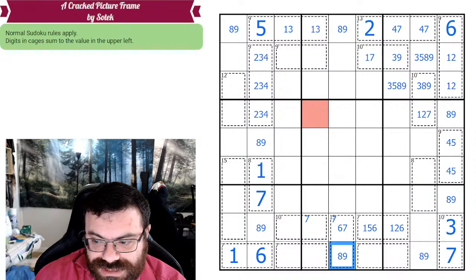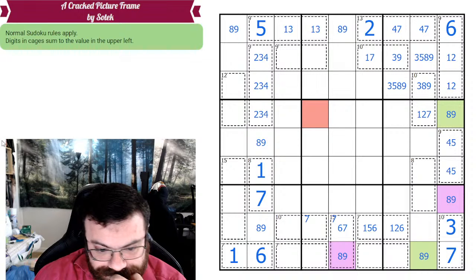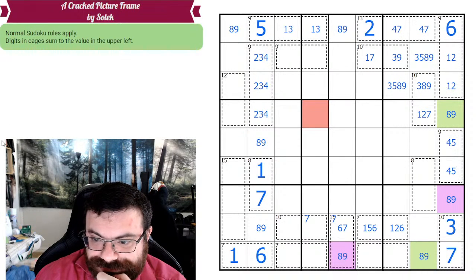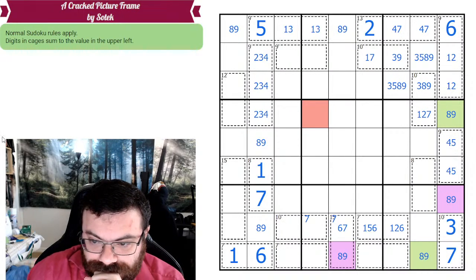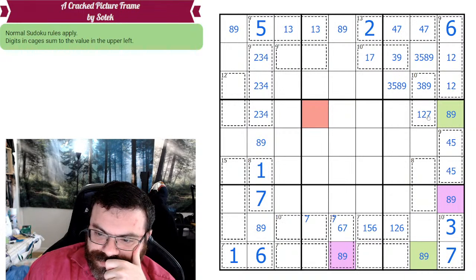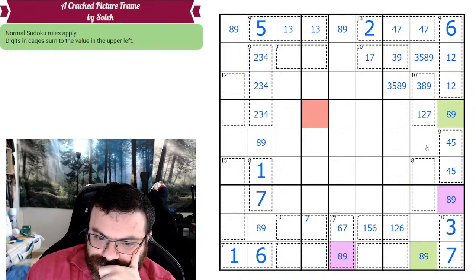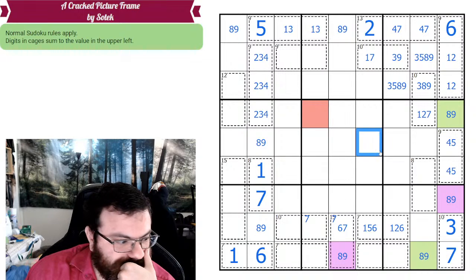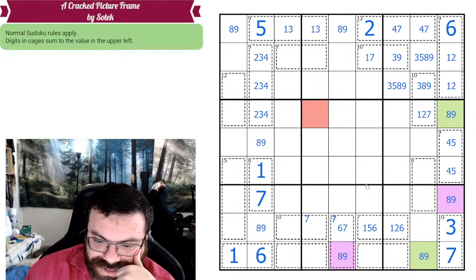I'm tempted to color these 8, 9s. Let's see how far I can get. Three in row 8.